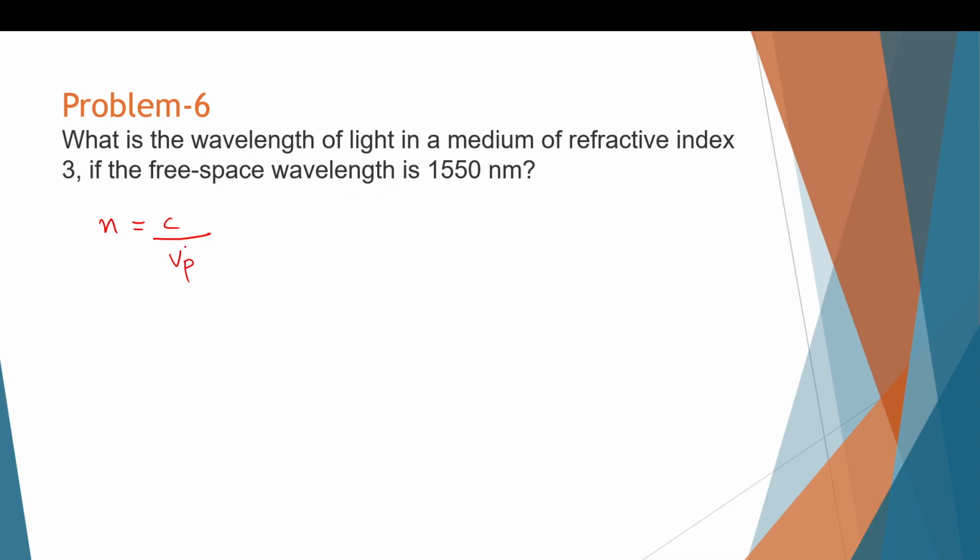From this we can get the wavelength. So we know that k equals omega root mu epsilon, right? We can simplify this further. c is nothing but 1 by root of mu naught epsilon naught. Vp is nothing but 1 by root mu epsilon.